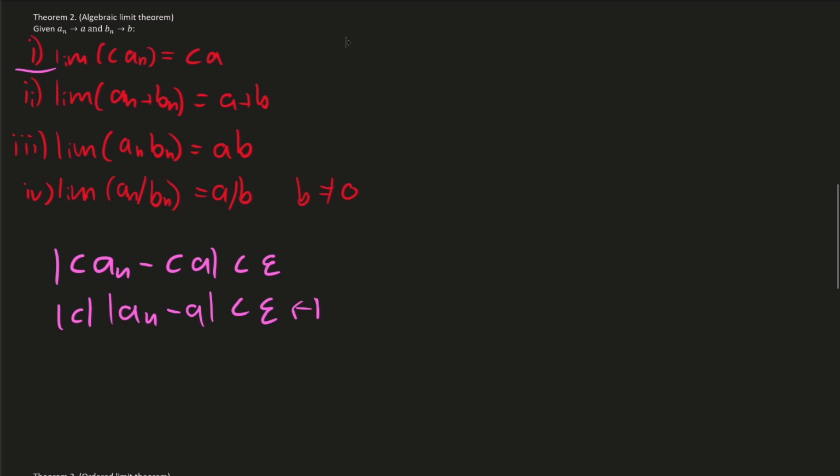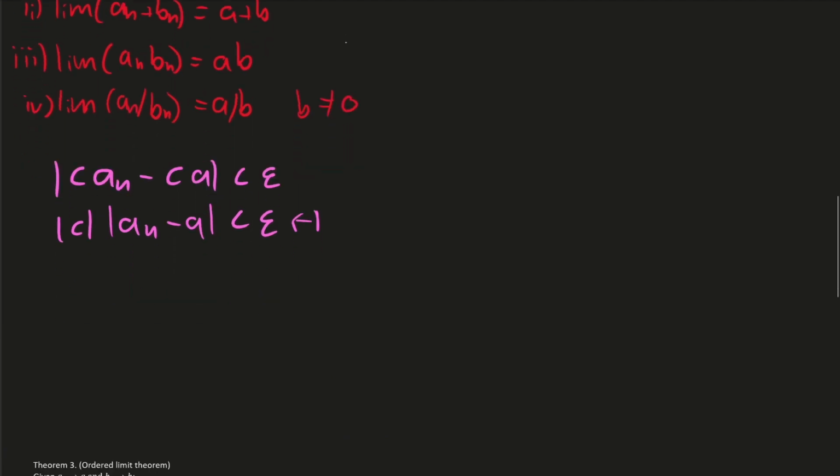And that's really easy to prove, because we've assumed that A of n converges. So if A of n converges to A, which we're stating that it does, that means that |A of n minus A| is less than eta. I'm using a different variable than epsilon, but it's the same idea.